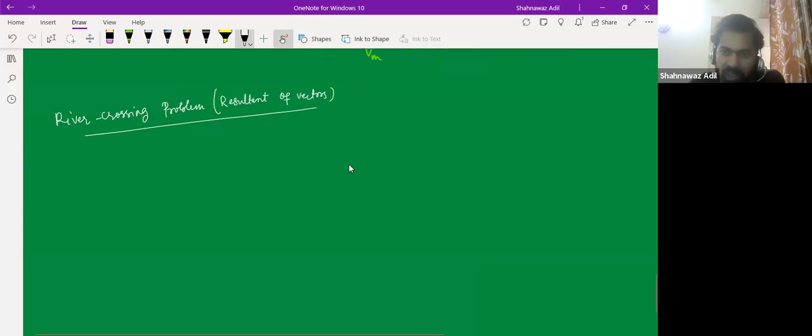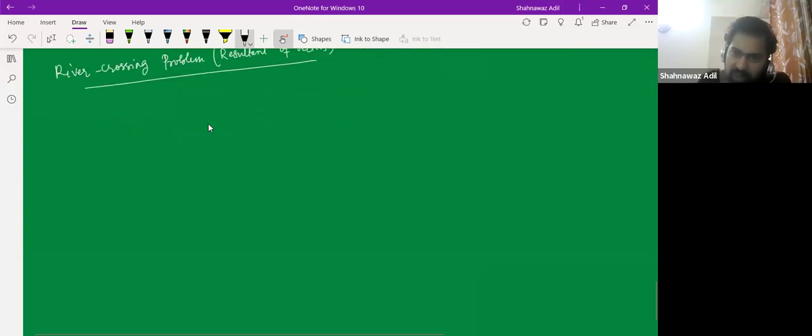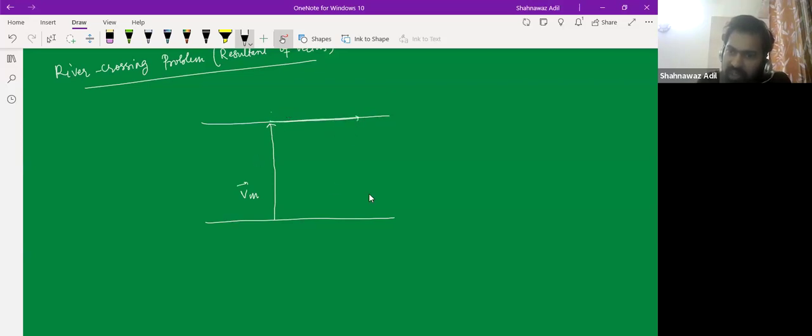Right. So what is the river crossing problem? We have this river, and let's say this is the velocity of man, and then this is the velocity of the river. So the river is flowing in this direction.